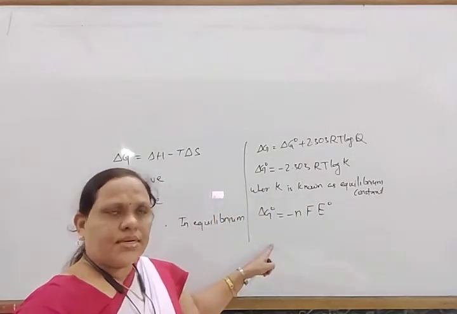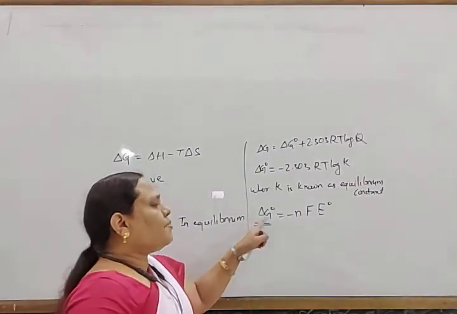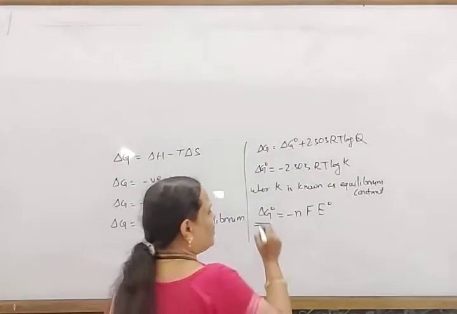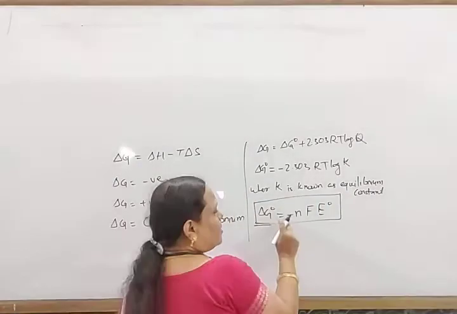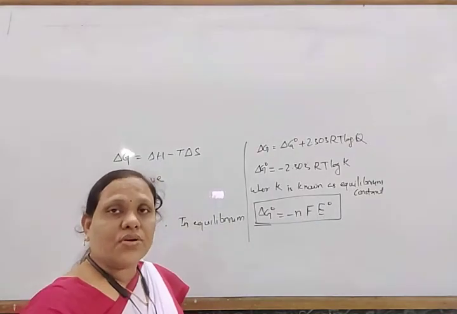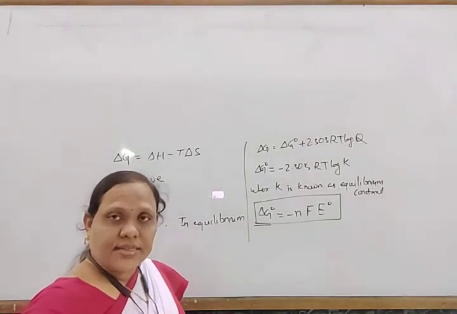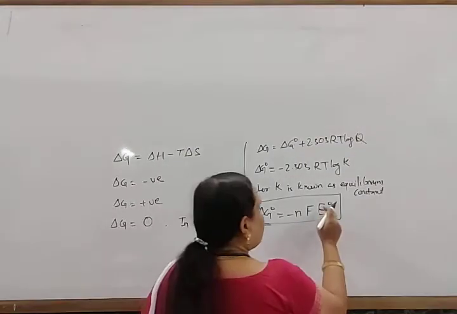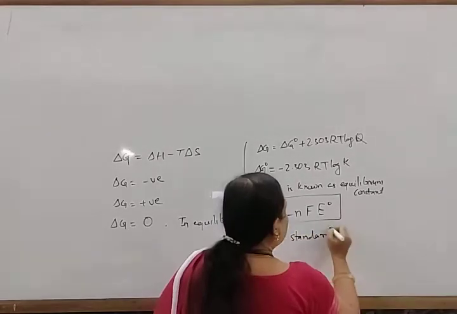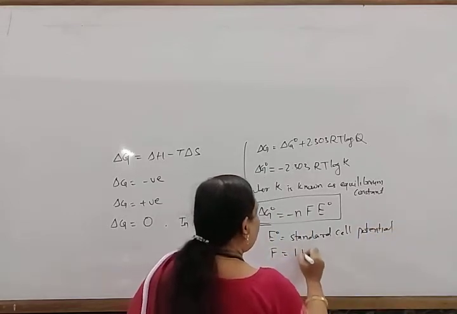This is another equation we studied in class 12, where delta G naught is the standard free energy change, and it is related to the electrode potential, the cell potential, by the relation delta G naught is equal to minus nFE naught, where n is the number of electrons involved either in the oxidation or reduction process, F is the Faraday, that is nearly 96,500 coulomb, and E naught is the standard cell potential.